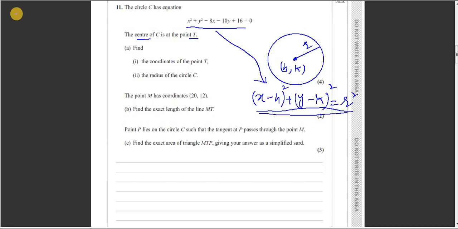So I am going to rearrange it like x² − 8x + y² − 10y + 16 = 0. So I have two terms of x and two terms of y, and these two terms are now going to be converted into a complete square.